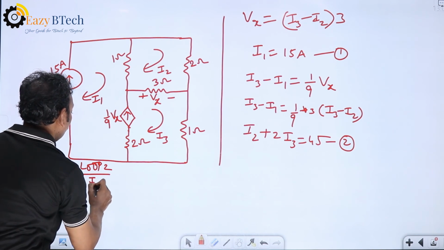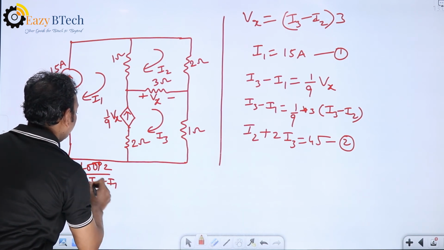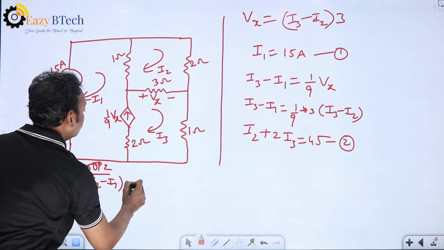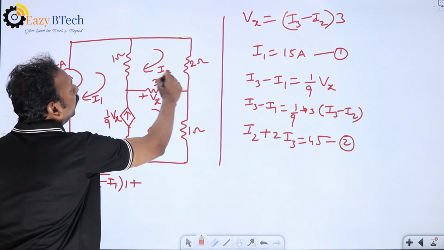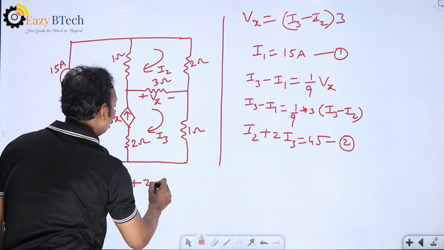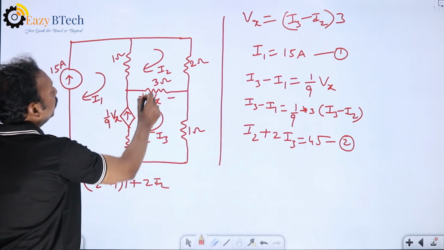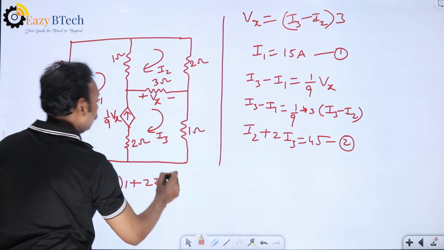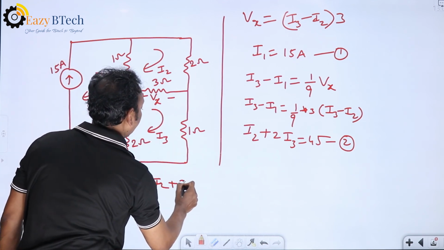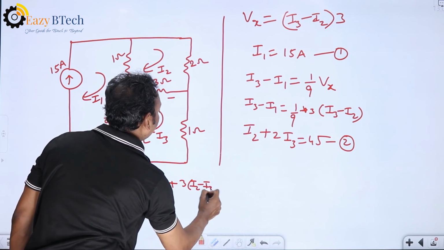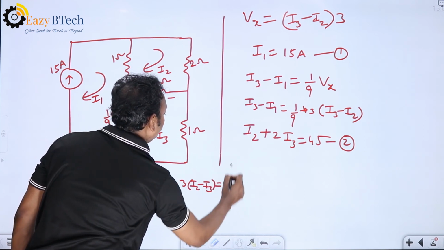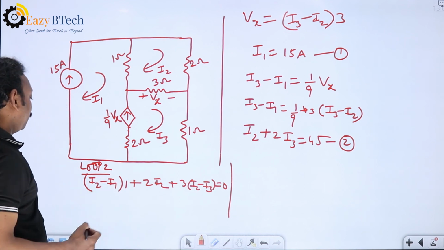Therefore, (I2 minus I1) into 1 is the voltage across 1 ohm. And for this 2 ohms, the current through it is I2 only, so 2 into I2. This 3 ohms is present between the second and third, plus 3 into (I2 minus I3) equals 0. Just simplify this one.